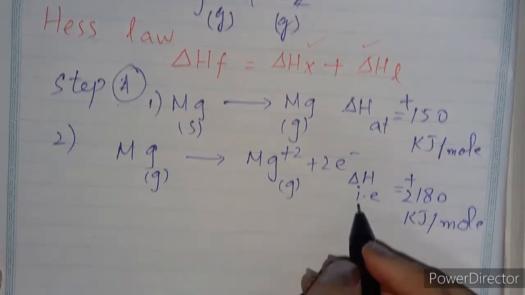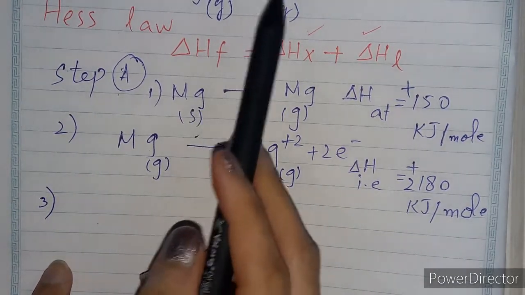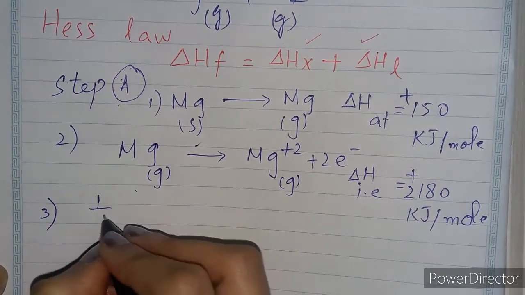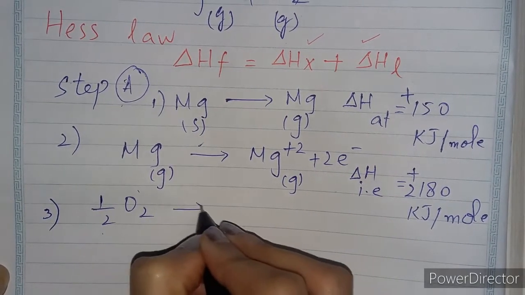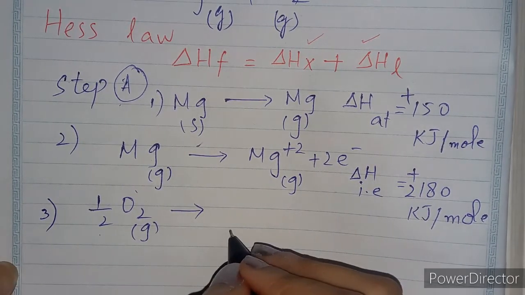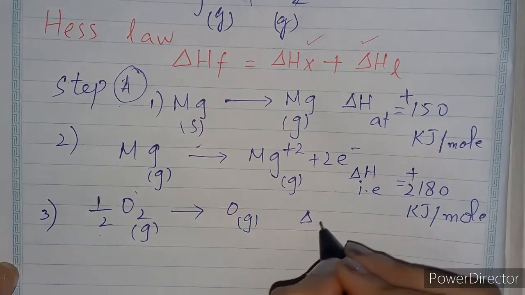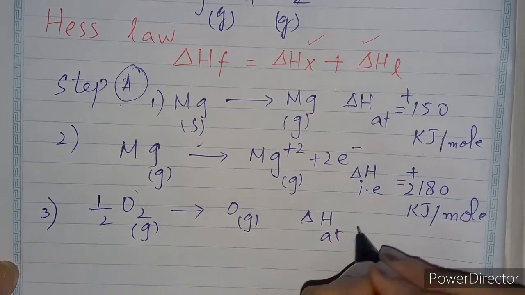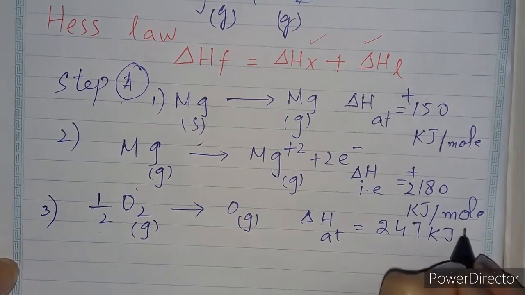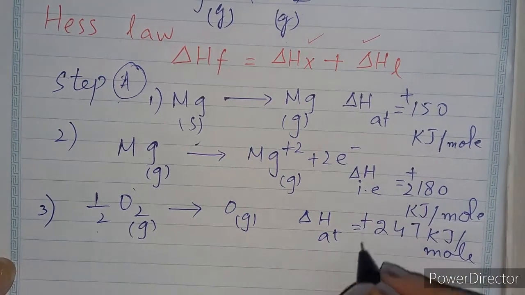Next, now moving towards oxygen. Half O2 converts into single oxygen O gas, and here the enthalpy of atomization is included, which value is 247 kilojoule per mole, with positive sign.